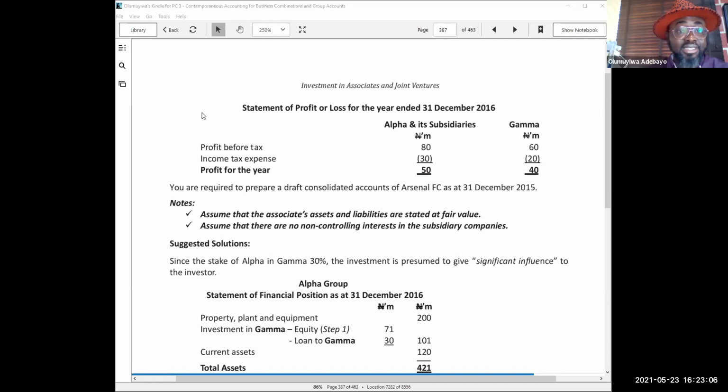The clue is that they've already prepared group accounts, but that group account seems not to be correct because it's incomplete. Why is it incomplete? Because there was a stake in an associate that was not yet accounted for properly. And therefore, if that is the case, what are we supposed to do? How do we account for it? What should we do now?